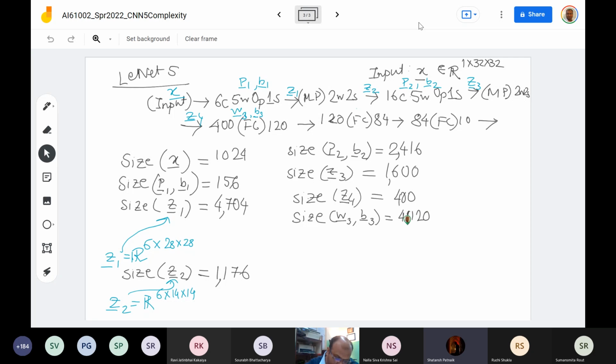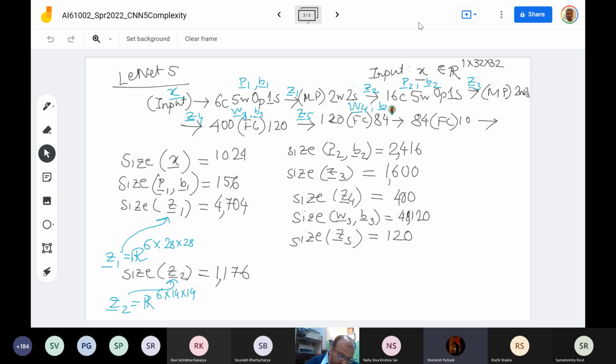Okay. Now the output of that goes into Z5. What is the size of Z5? What will this be? 120. Good.